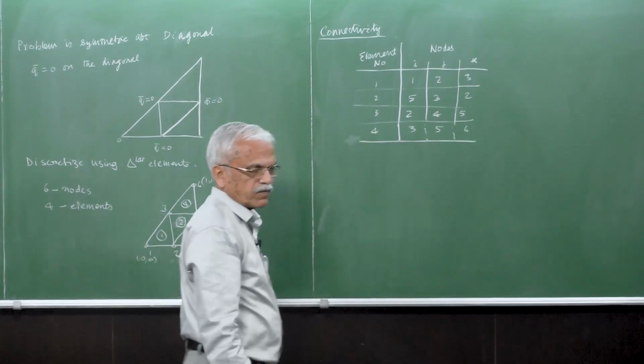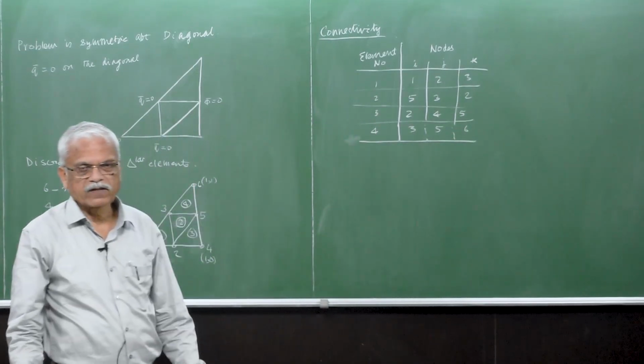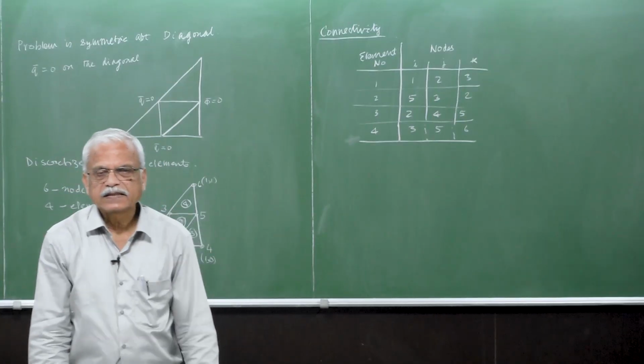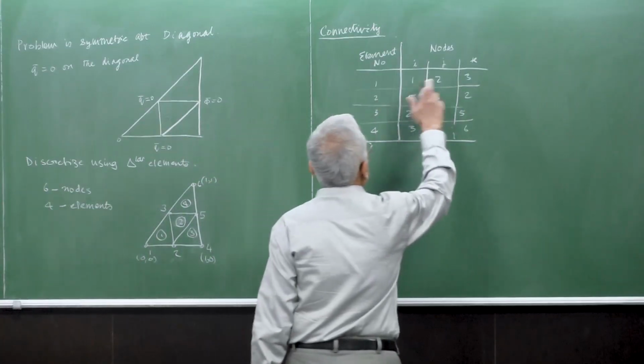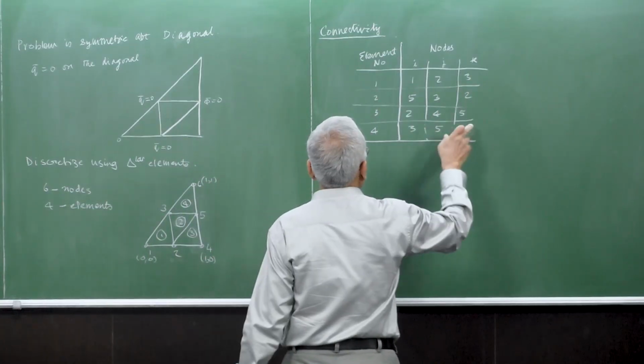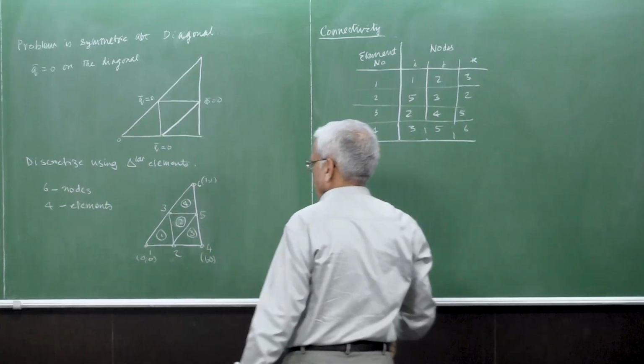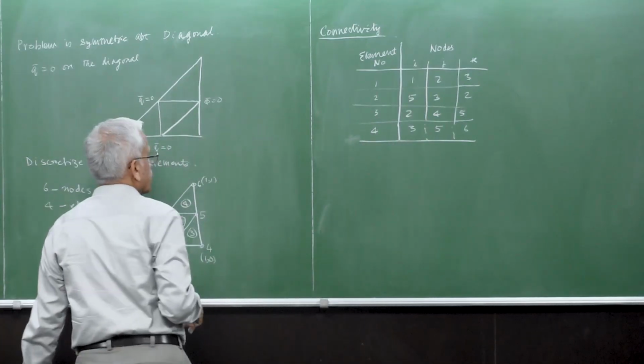We kept the orientation of the element as well as the size. So exactly similar. For example, 1, 2, 3 and 2, 4, 5 as well as 3, 5, 6 are same, except that I took this 5, 3, 2.